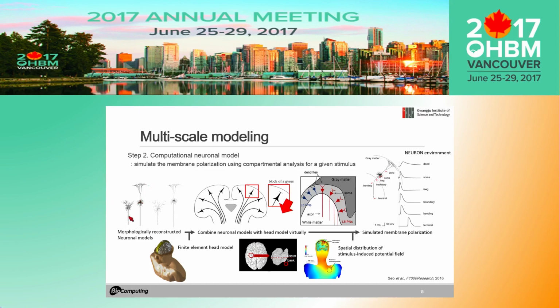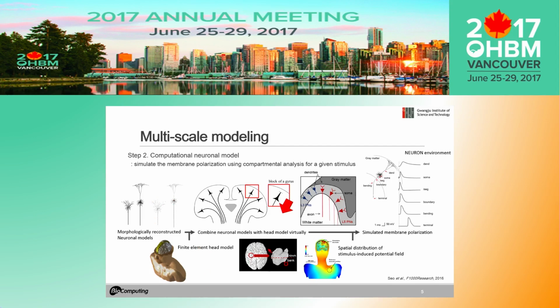These neuronal models consist of a series of compartments connected by resistors. So rather than combining them directly, we position a set of center points of the compartments, so we combine them indirectly.